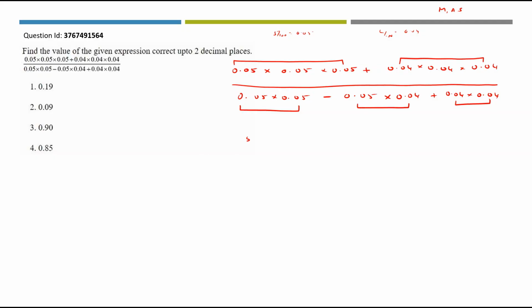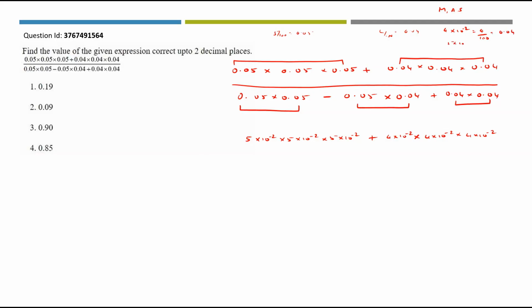Instead of 0.05, I am just taking 5 into 10 to the power minus 2, in this way, for each of the three factors. Plus 4 into 10 to the power minus 2 into 4 into 10 to the power minus 2 into 4 into 10 to the power minus 2. Why am I using 10 to the power minus 2? 4 into 10 to the power minus 2 will be 4 by 100, which is equal to 0.04.